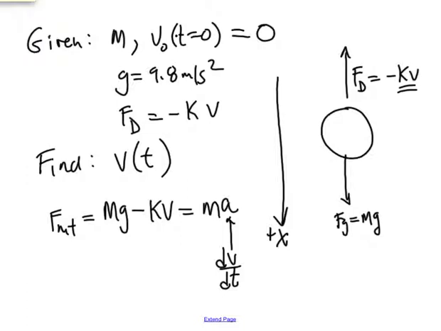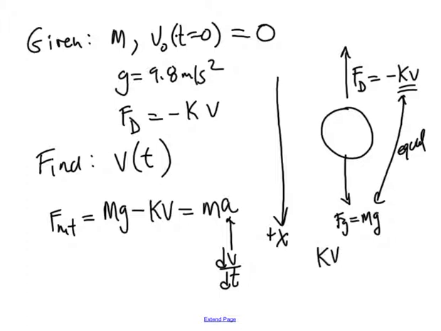And eventually, it will get big enough so that these two forces are equal. At that point, the net force will go to 0, and the object will stop speeding up. So, therefore, I would expect the velocity to reach a terminal value. And that'll happen when these two are equal.